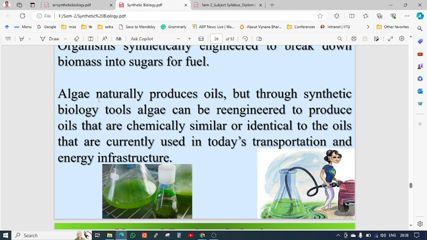Some algae naturally produce oils, but through synthetic biology tools, algae can be re-engineered to produce oil that is chemically similar to the oils used in today's transportation infrastructure. Nowadays synthetic biology utilizes genetic engineering to restructure the DNA of this particular algae so it can produce oil resembling petrol and diesel. So these are utilized for biofuel production.